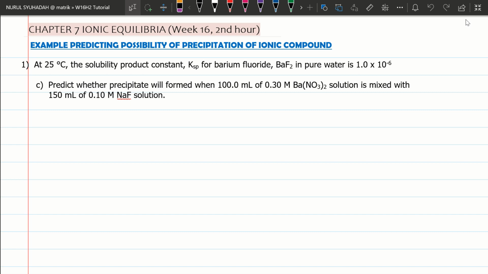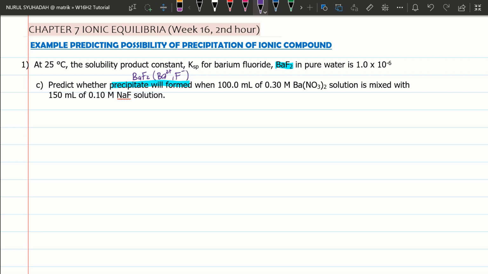And then dia tanya, adakah precipitate boleh terhasil? Okay. Precipitate will form ataupun tidak? Apa precipitate kita? BaF2 dekat sini. So, precipitate yang kita predict untuk dihasilkan adalah BaF2. Dan awak tahu BaF2 ion dia adalah Ba2+ dan F-.